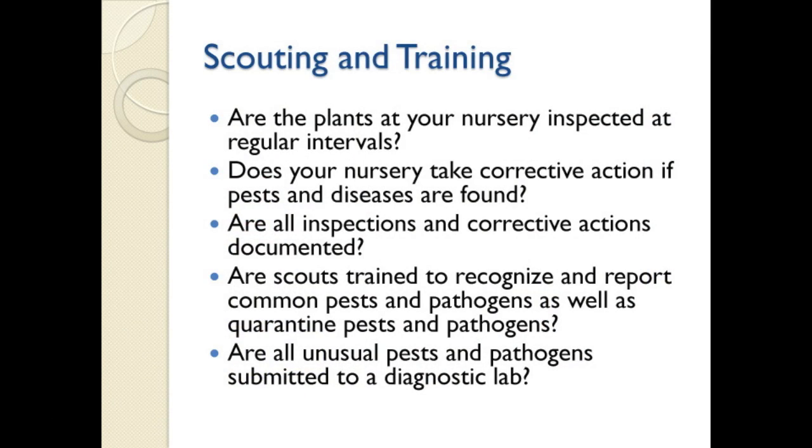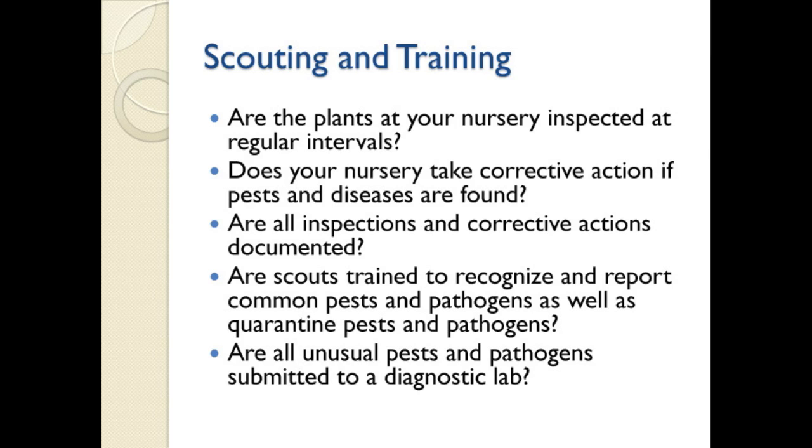And then in terms of scouting and training, are the plants at your nursery inspected? I would urge you to give that kind of direction to your field workers and to encourage them to learn as much as they can about the pests and diseases that are particularly critical to your operation.